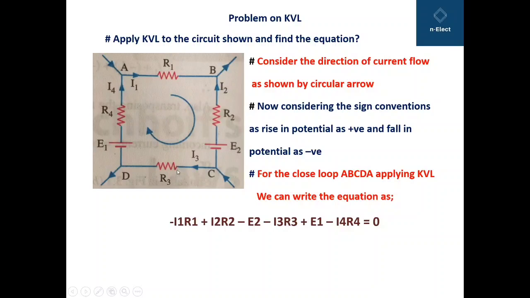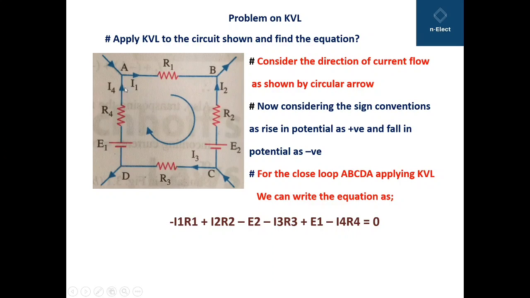The voltage drop will be positive on this side and negative on this side, so it is a fall of voltage, and naturally we get negative I3 R3. Up to D it's okay. From D we are now moving to A, and the current direction is the same as the loop direction we are considering.